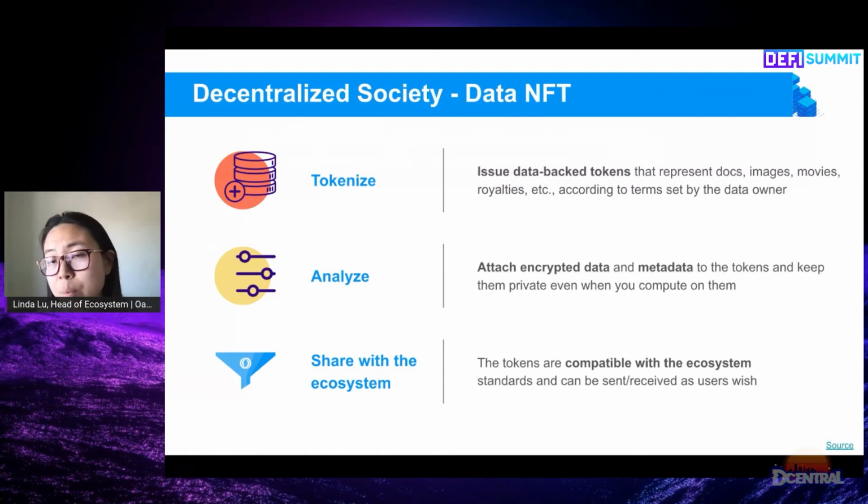So that could make the industry very interesting: as a data owner, you finally get a say in how your property is used. We see data as a person's property, as something you own, and this is how you can truly own your data. Currently in the Web 2.0 world, data owners are not involved at all.